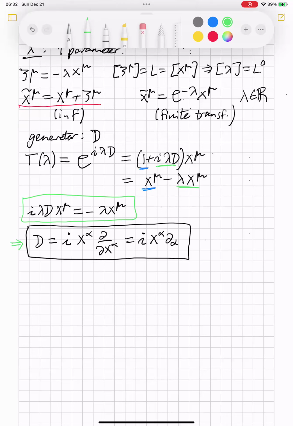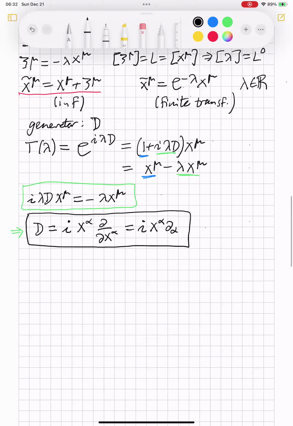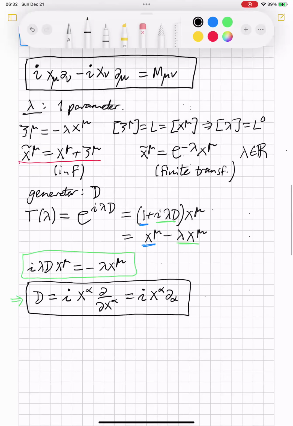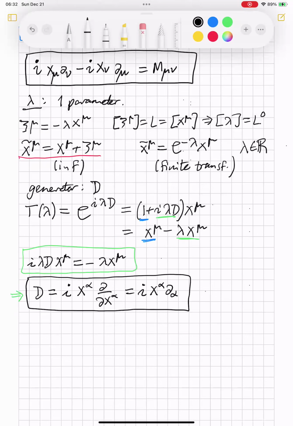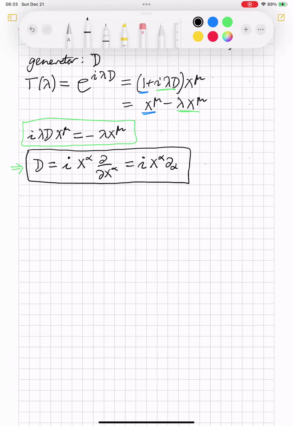Good. Now, there's something that I want you to remember, because now we get something interesting with scalings that hasn't happened before. So let's just point that out. Remember, how did we define conformal transformations? Well, what we said was that under a conformal transformation, the metric should just be rescaled. So if we take eta mu nu dx tilde mu dx tilde nu, that was the metric after we changed coordinates.